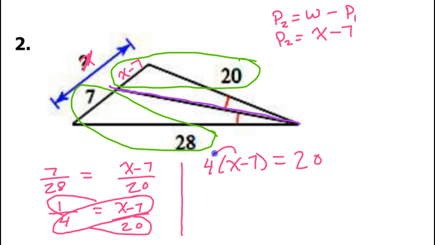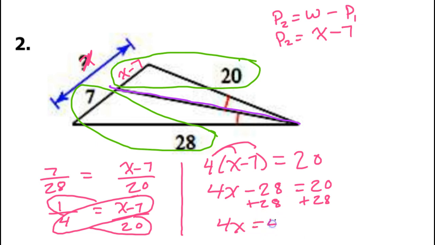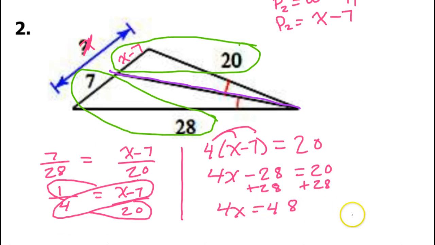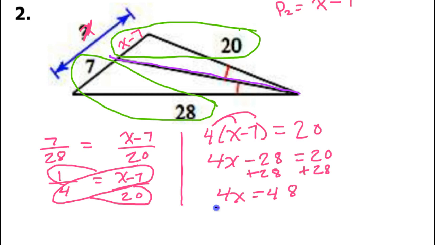So then a little distributive property happens, and we see that 4x minus 28 is equal to 20, and then you would add 28 to both sides. So that's going to give you 4x is equal to 48. Then it's time to divide both sides by 4. And that's going to give you x is equal to 12.